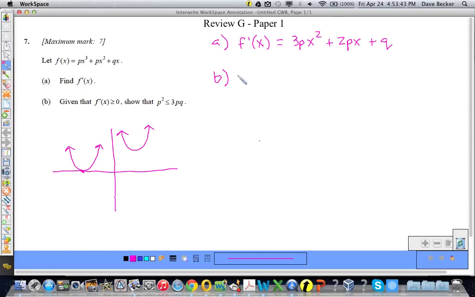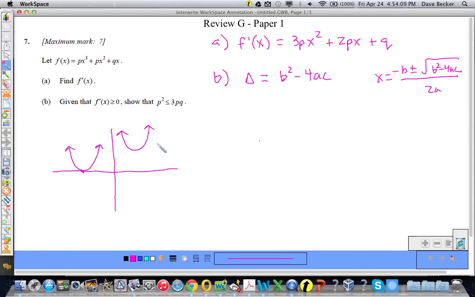We can use the discriminant, delta. And delta is equal to b squared minus 4ac. And remember, that's the part of the quadratic formula, x equals negative b plus or minus the square root of b squared minus 4ac all over 2a. It is housed in the square root.